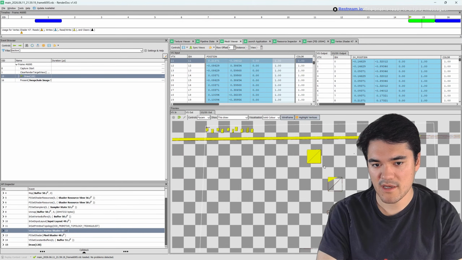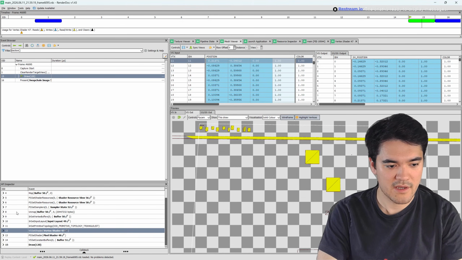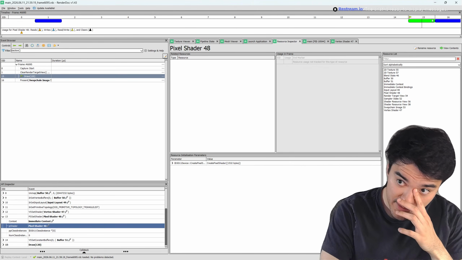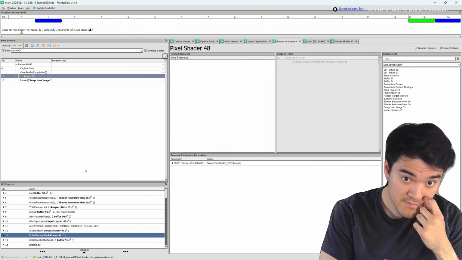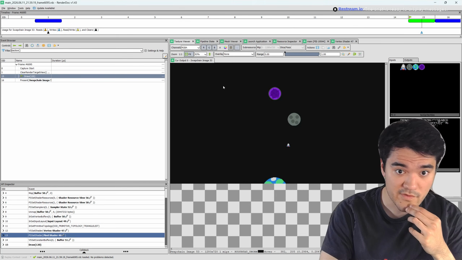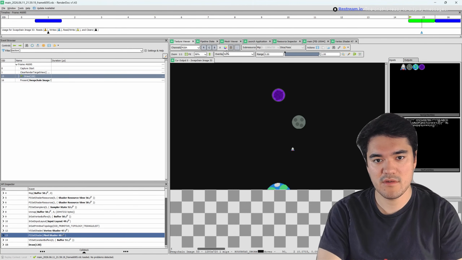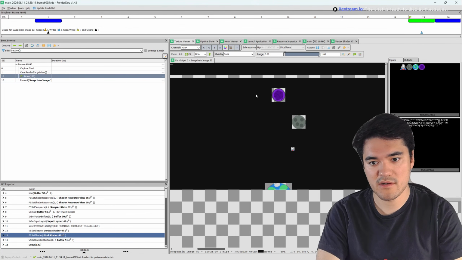Interesting, I guess this is showing you the normal in the pixel shader here. If we open that up in the texture viewer, yes, here we go. So we want to see that as well.